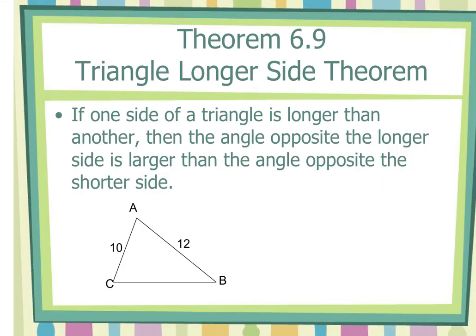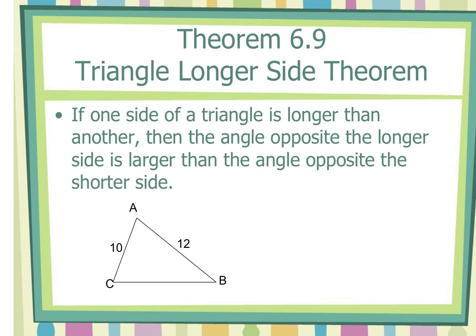Okay? So what this theorem says is, if one side of a triangle is longer than another, then the angle opposite the longer side is larger than the angle opposite the shorter side. So since we know that two of the sides have lengths that are given, one is 12 and one is 10, we're going to compare the angles that are opposite those sides.